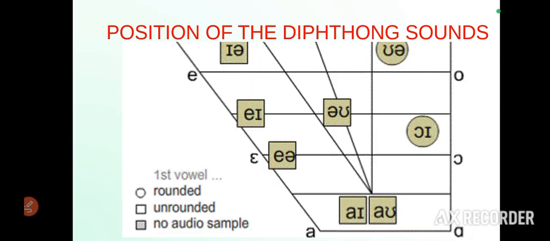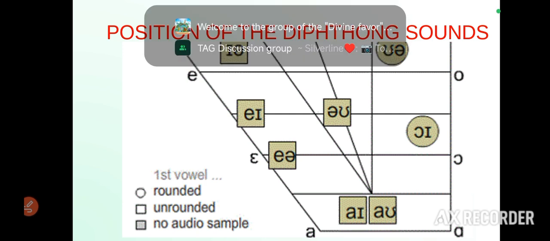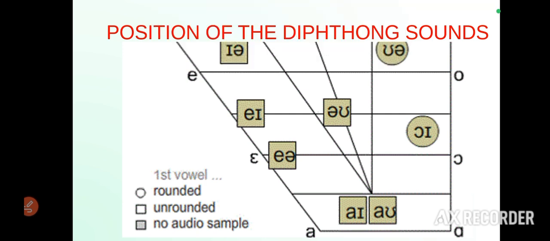The first sounds, the ear and the a sound and the r sounds are the front diphthongs sounds, while the o and the ow sounds seem to be at the middle, and the u and oi sounds tend to be behind the tongue.